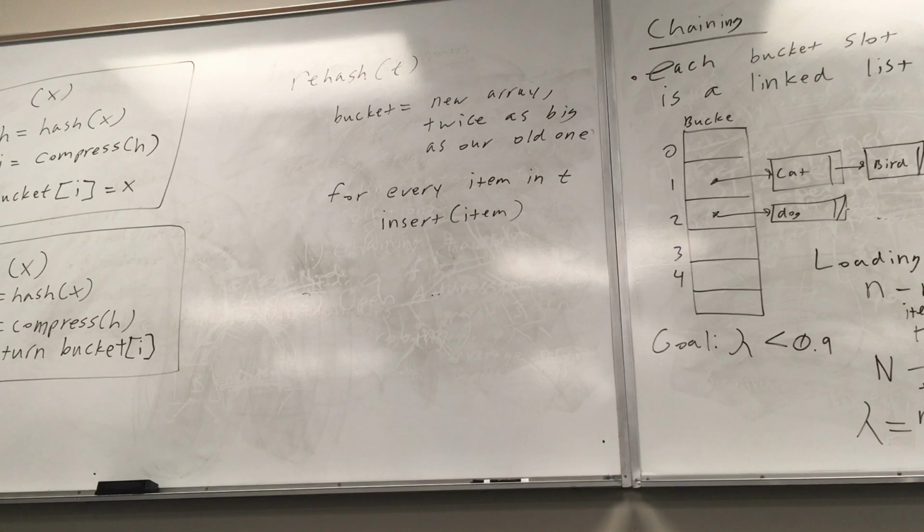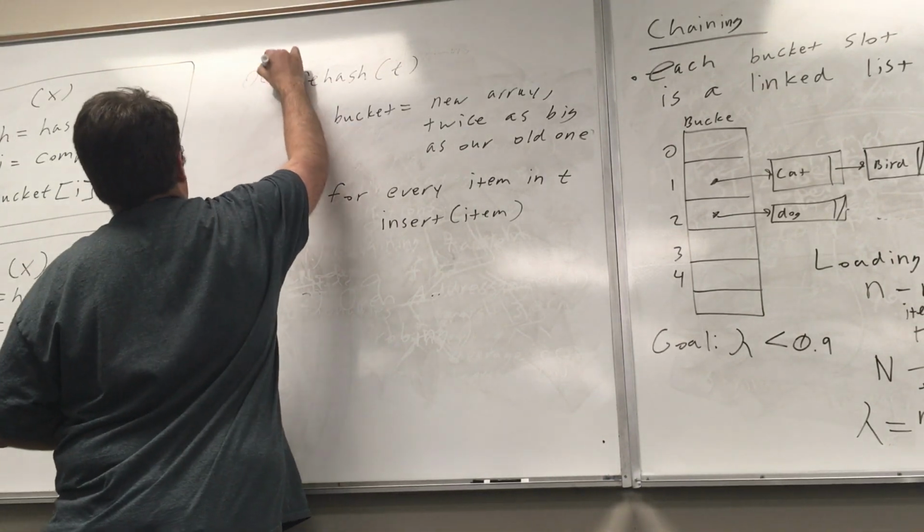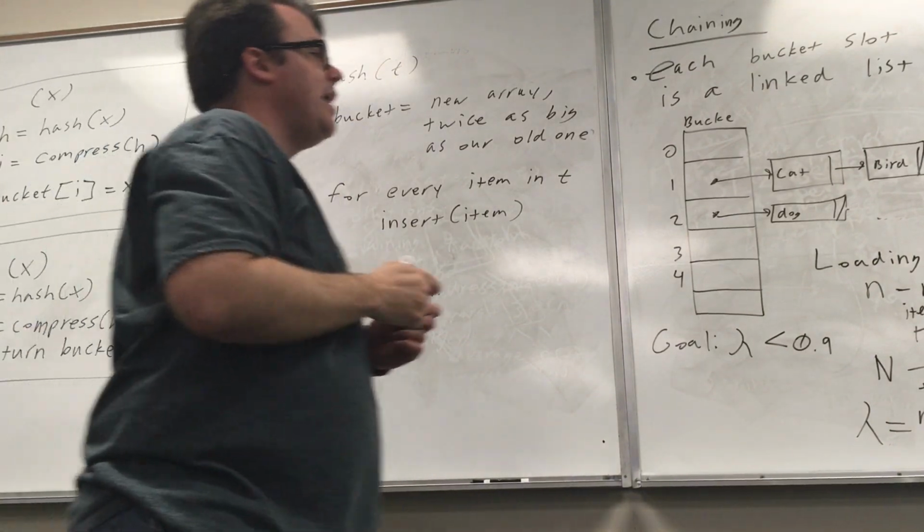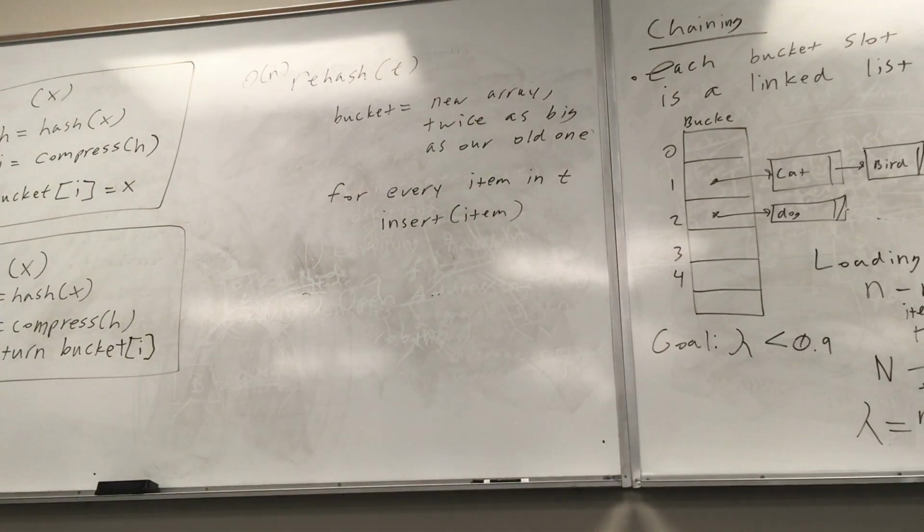Okay, so that's my rehash algorithm. We can add it to our things, and we can notice that this operation is big O n. So as the hash grows, and we start to move away from our ideal, remember, our ideal is constant time inserts and lookups, right?